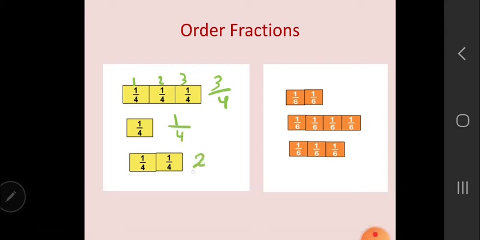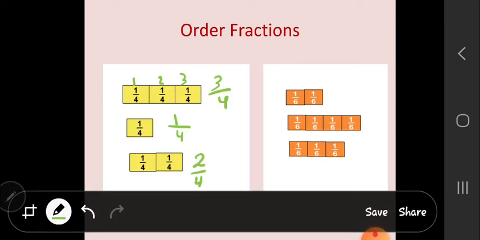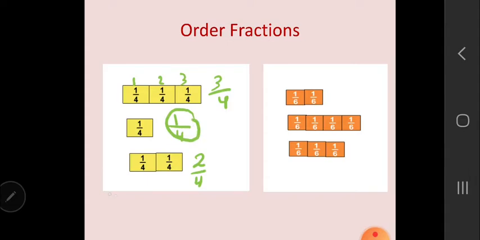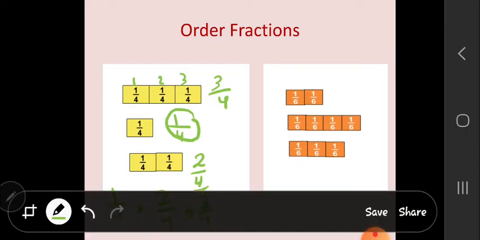And here, 2/4. If I arrange them from the smaller to the greater, which one is the smaller? Of course, 1/4. After that, 2/4. After that, 3/4. Amazing.